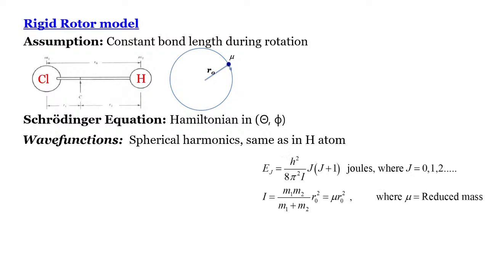And when we solve this, we get the expression for energy Ej equal to h square by 8 pi square I multiplied by j into j plus 1 in joule, where j equals 0, 1, 2, etc. represents the rotational quantum number. It is equivalent to the secondary or subsidiary quantum number or azimuthal quantum number L in hydrogen atom.